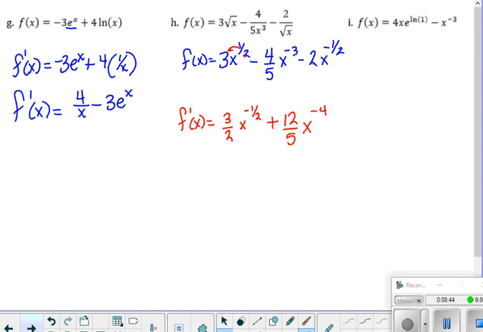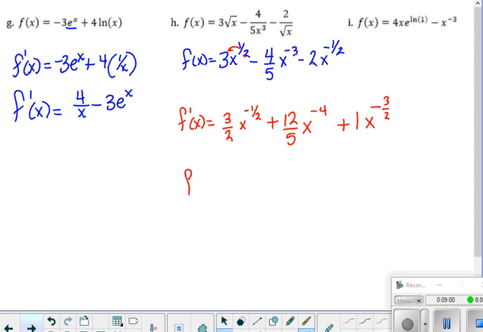Finally, I get negative 2 times negative half gives me positive 1 x to the negative 1/2 minus 1 would be 3/2. That was a tricky one.